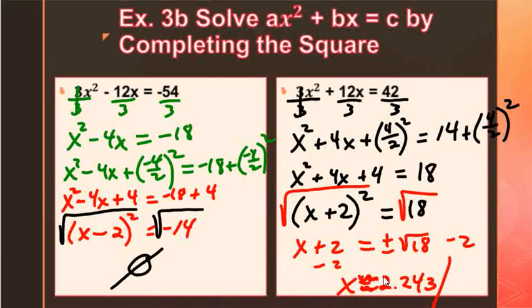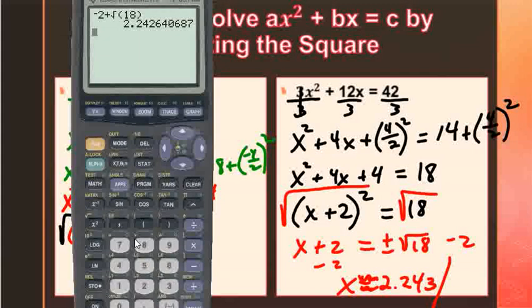And the other side, so now we have to subtract the two numbers. So let's get our calculator back out. So it's going to be a negative 2, not plus the square root of 18. It's going to be minus the square root of 18.